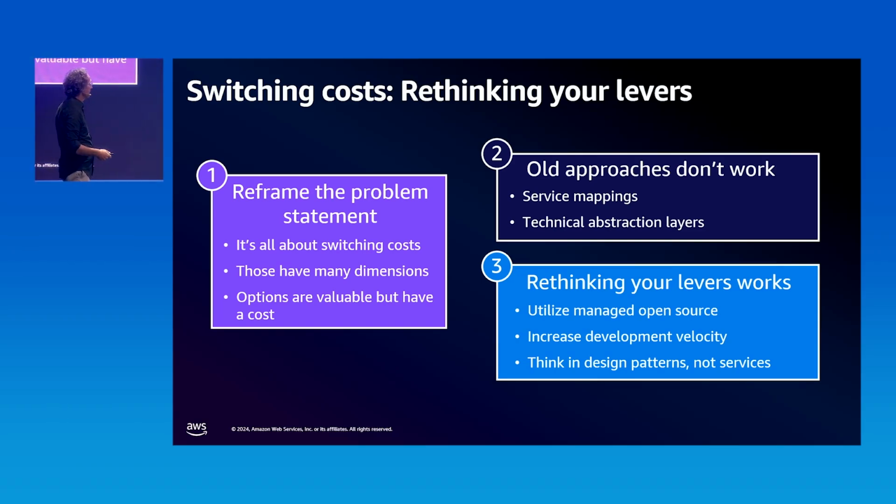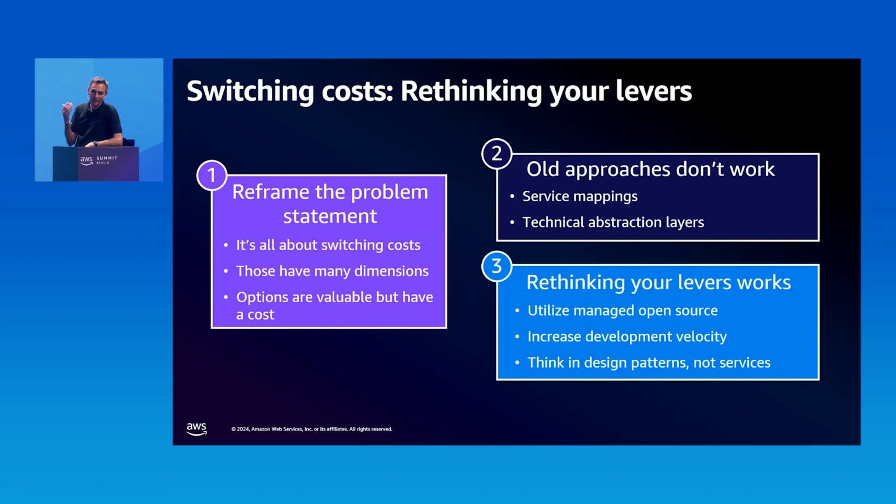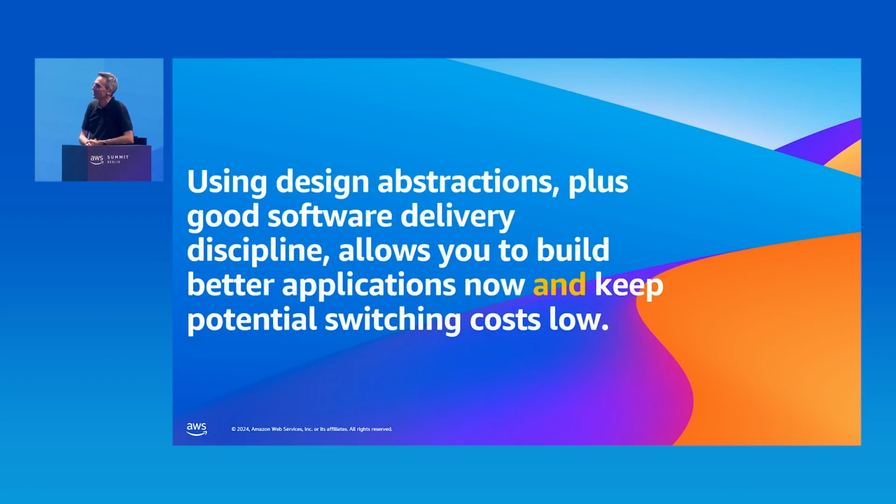Hold on, Gregor. So we spent 45 minutes to basically tell people, well, they should do good software development, they should do good architecture, use the design pattern, use high velocity. Is that the message? Yeah, basically, if you're running a lean ship, if you do good software development, you have high velocity, you use open source, you use managed service, you have CI/CD, you have automation, you understand the patterns, switching cost is unlikely to be your biggest problem.